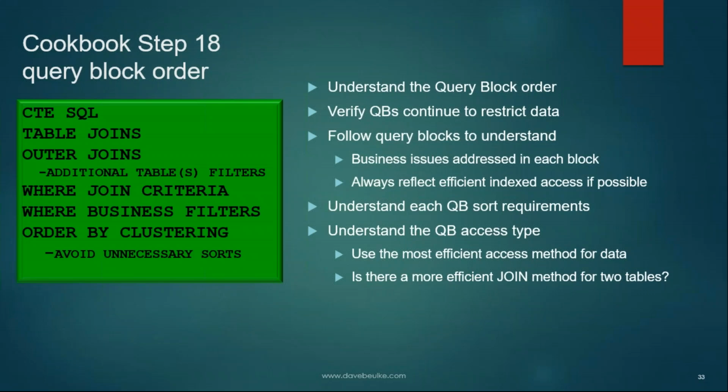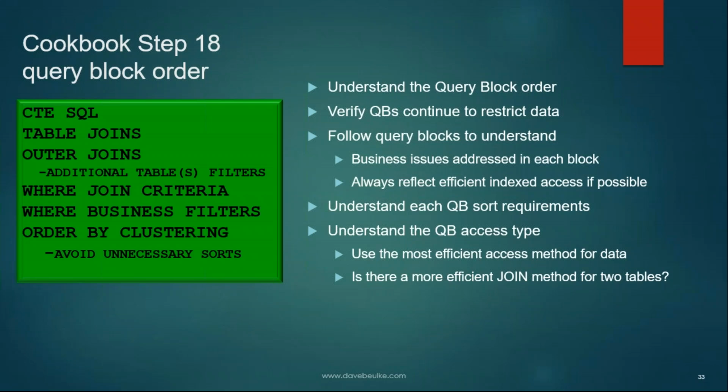So one of the things you want to do with your high performance billions of rows is get all the business requirements in your CTE SQL. Do all your table joins, your outer joins, the WHERE join criteria, all the business filtering, and hopefully you're ordering by the clustering sequence.